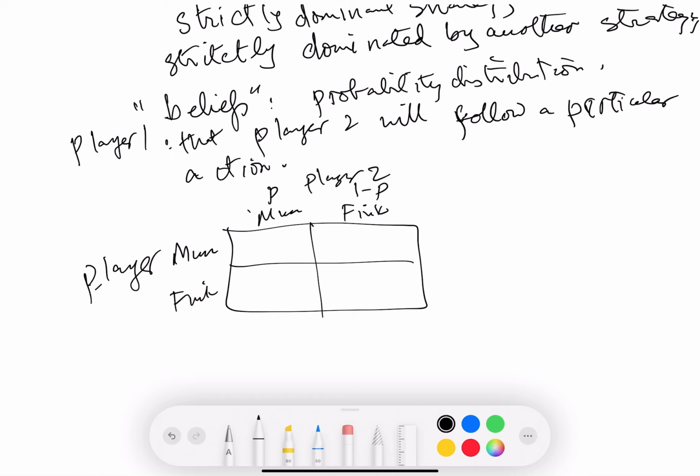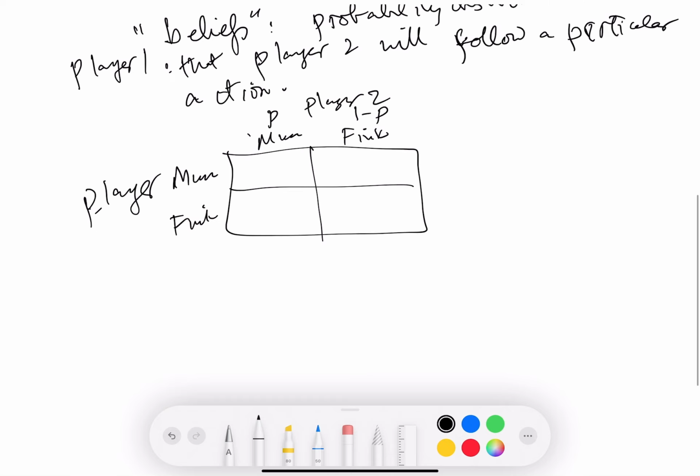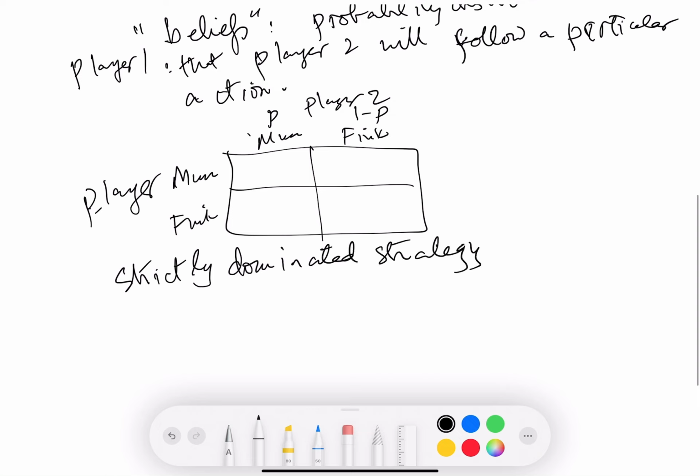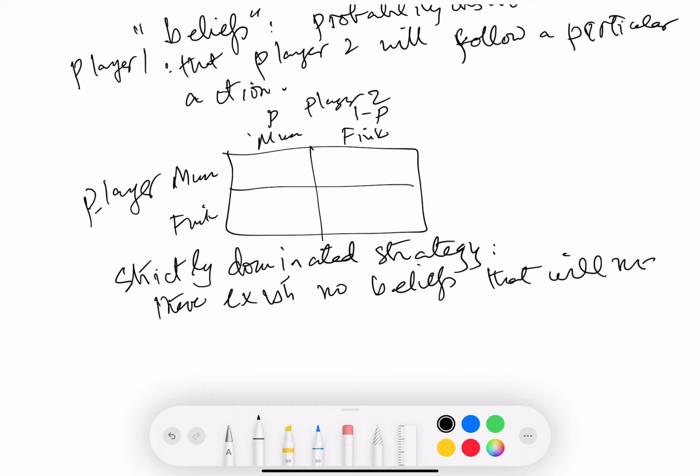The idea of a strictly dominated strategy is that there exist no beliefs that will make me playing this strategy a best response. Okay?